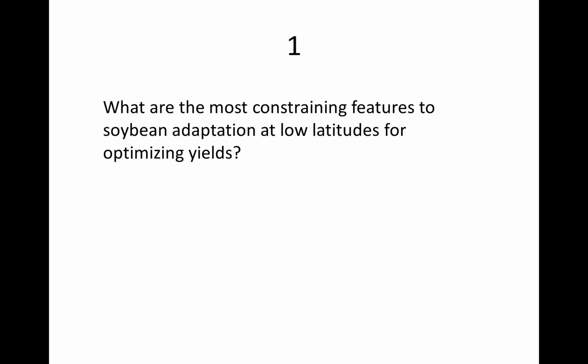But I'd like to hear what the rest of the panelists and any of the participants want to weigh in here. What are we looking at in our low latitude target environments? What is most constraining for optimum adaptation?